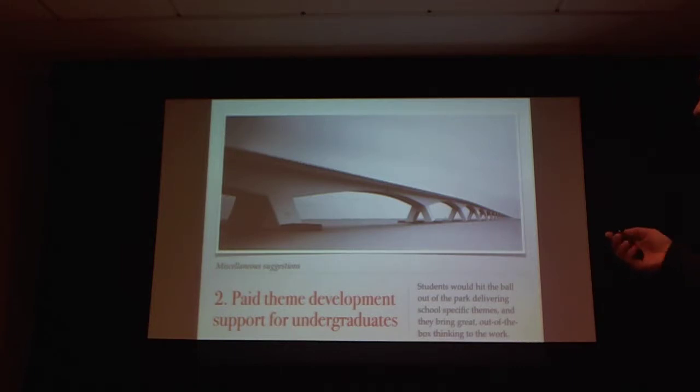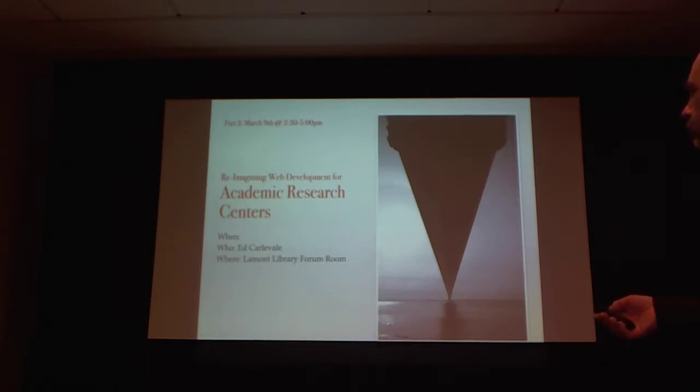The picture doesn't go with it, but the idea here was for theming, to pay undergraduates a year-up fee, on an hourly basis, to give them a design and have them turn it into a theme relevant to your distribution. And this is another talk I'm giving on March 9th.